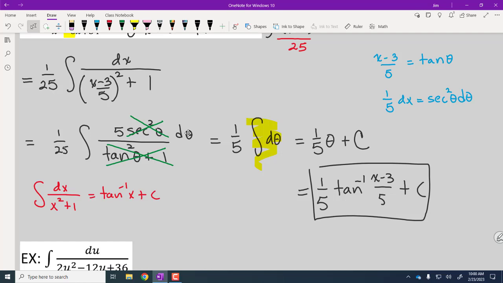It's just that instead of an x, we have this. So we could have actually gone straight from this form to here. We would have 1/25th times the arctangent of x minus 3 over 5, but then we would have to do RCR. The derivative in here is 1/5. Dividing by 1/5 is multiplying by 5. 5 over 25 would give us the 1/5.